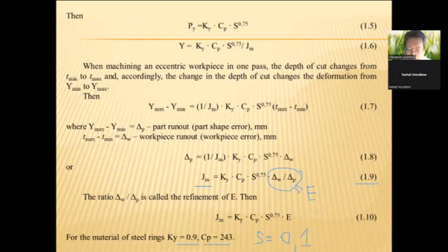Please calculate E and J suffix M, and write down the results in table 1.1.